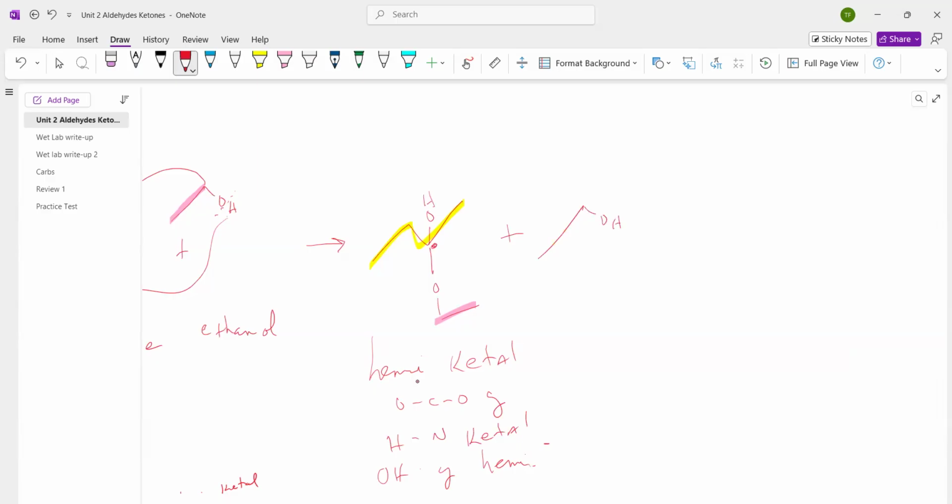All right, so let's add ethanol again with a little bit of acid. So we have our backbone and our anomeric carbon is right there. And now this is going to add over by the OH.